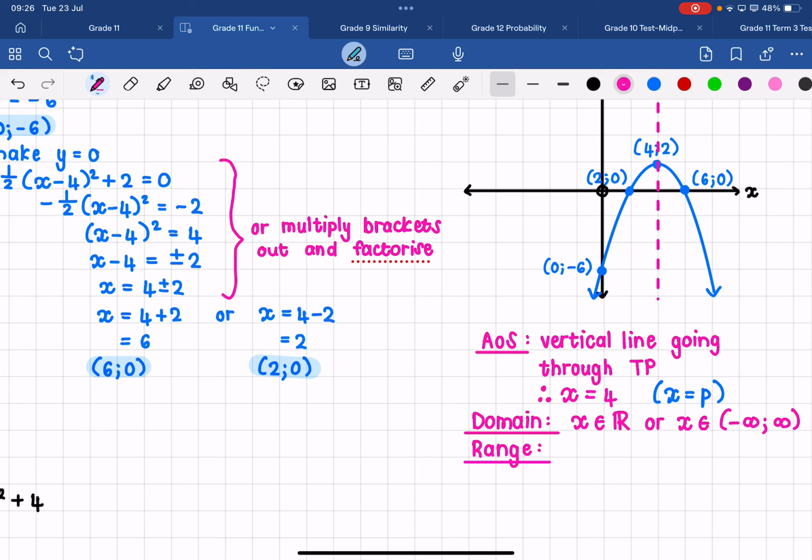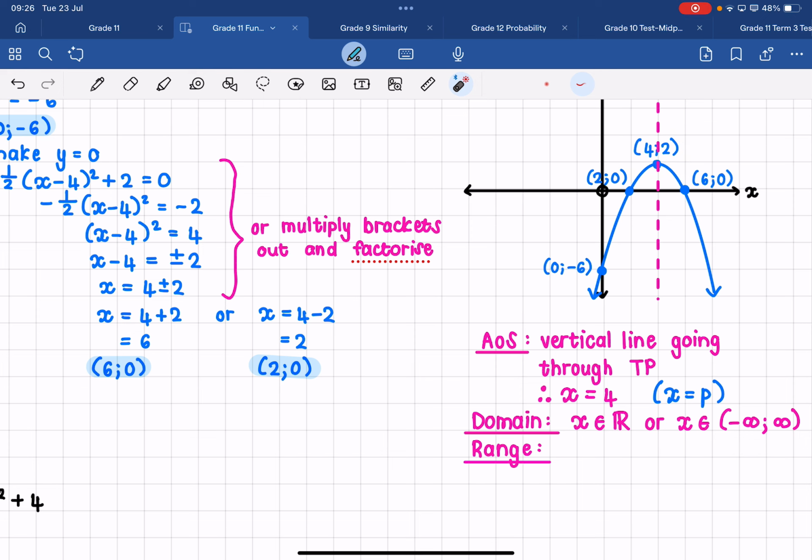Do we agree that it has a maximum y value, right? The turning point is what we look at to get that. The graph can't go, in this case, because it's a downwards facing graph, it can't go higher than the turning point. It's not going to do this and go back up. That's not a parabola, right? So the maximum value of this graph is going to be, what is the y value of that turning point? 2. So that is the maximum value.